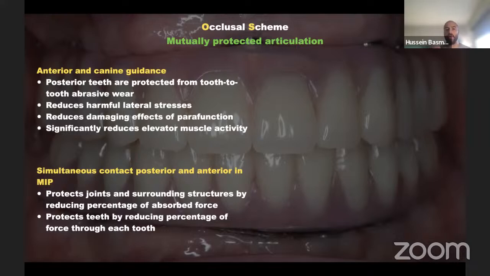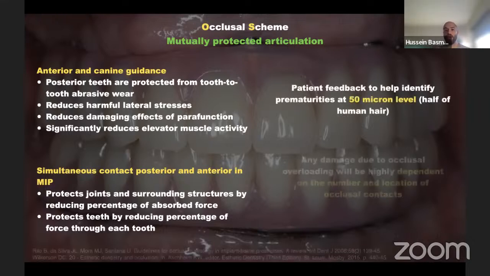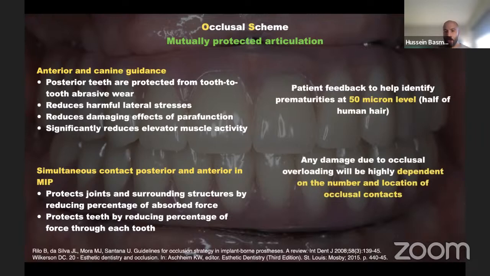Or we can go with the contact posterior and anterior in maximum intercuspation, and this will protect the joints and surrounding structures by reducing the percentage of absorbed forces.